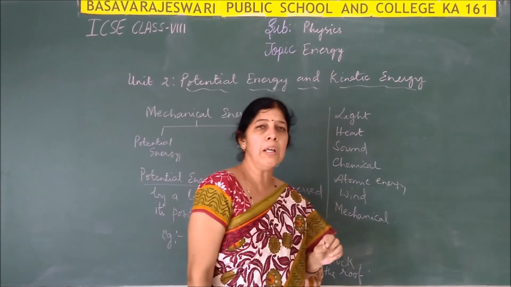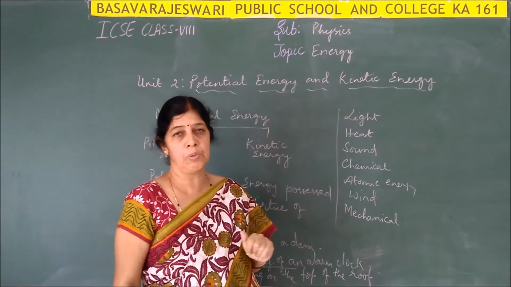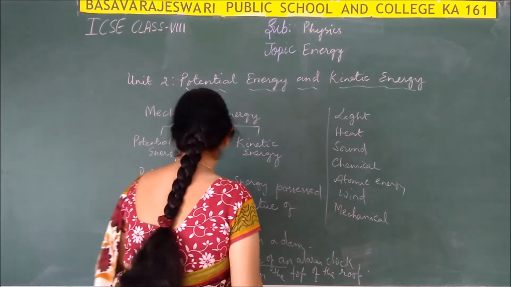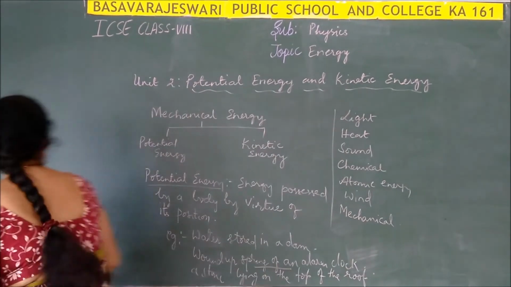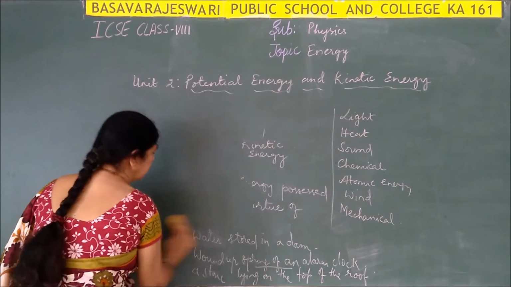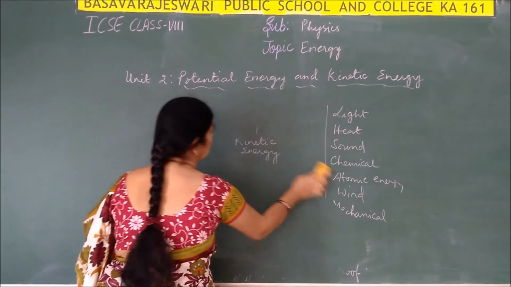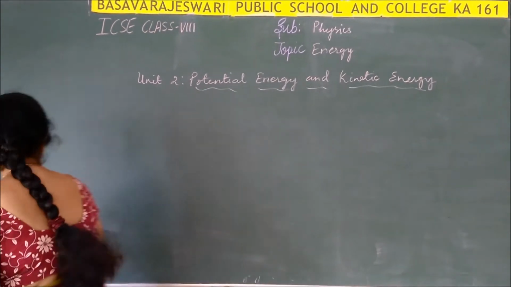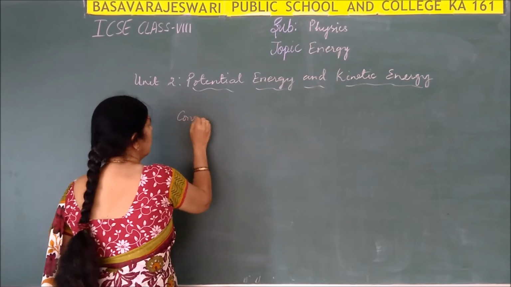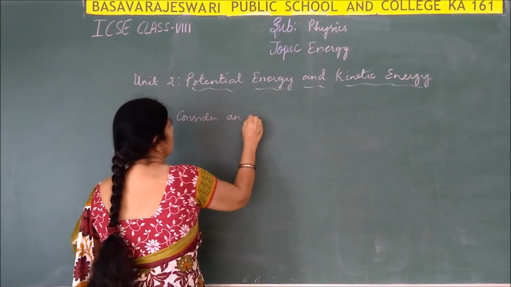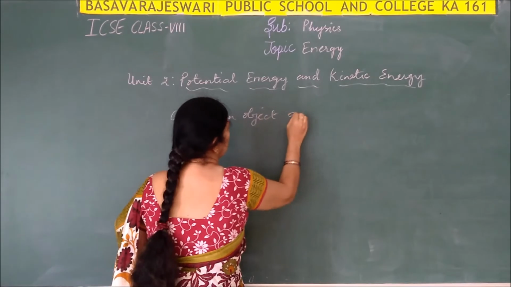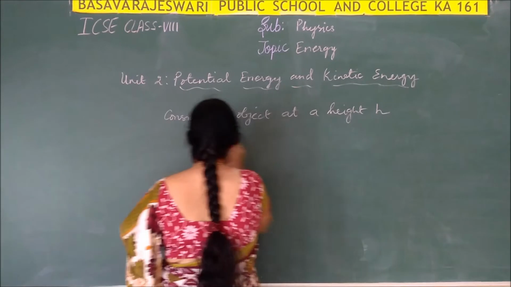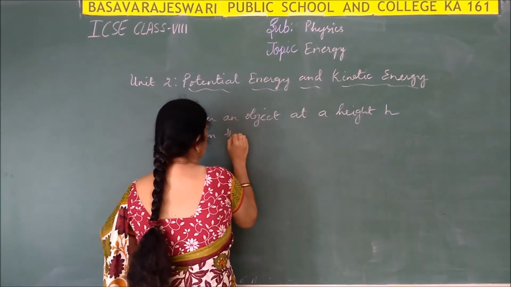See, sometimes the body can be at a certain height also, from the ground level. So, now let us see about that. Consider an object at a height h from the ground level.